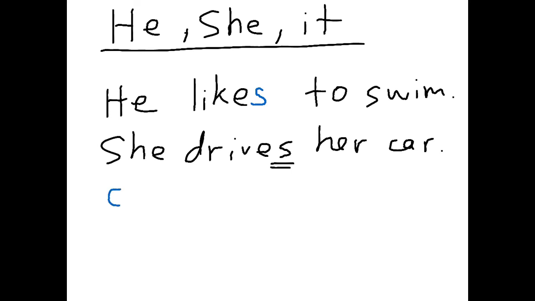As usual, there are exceptions. For example, verbs that end in a Y and are preceded by a consonant. So here, R is a consonant. Then, at the third person singular, I will erase my Y and change it to an I and add to the verb IES.